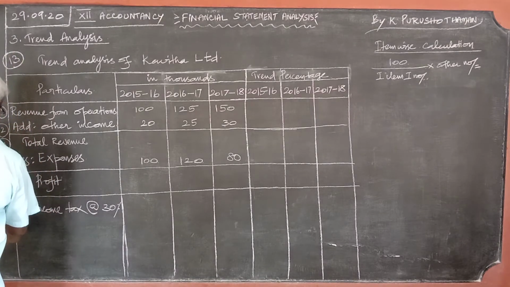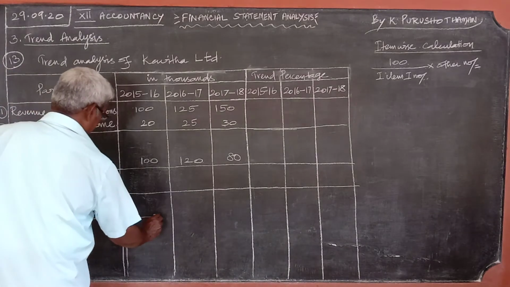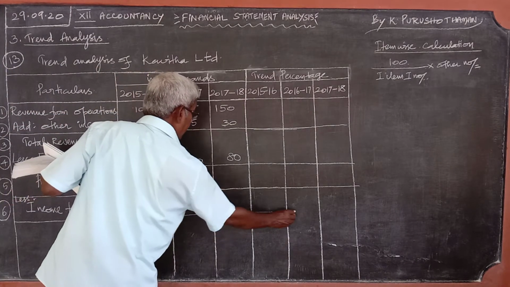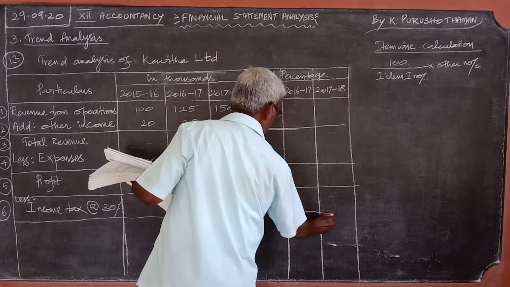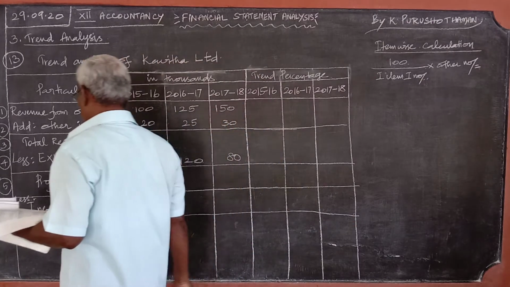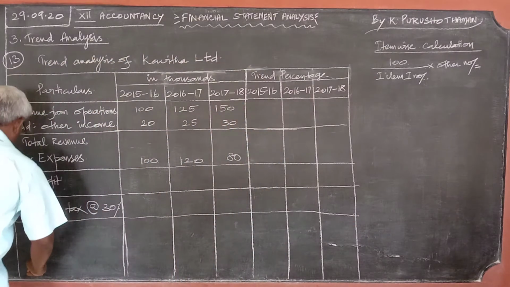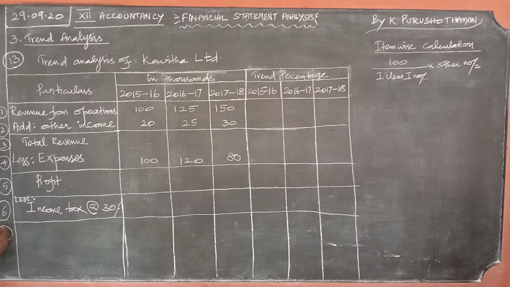And the seventh item, we must find the profit after income tax.